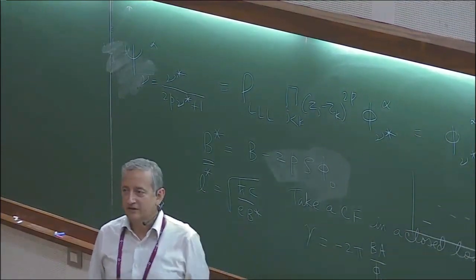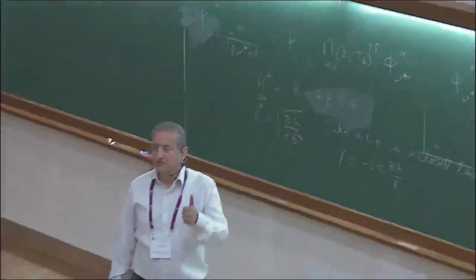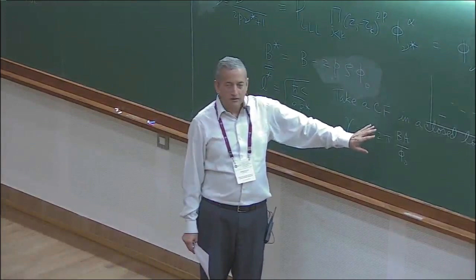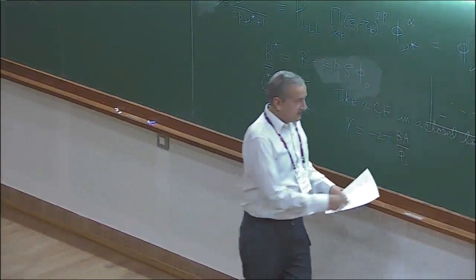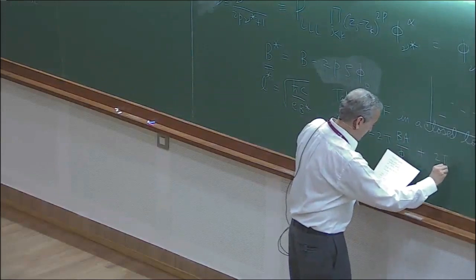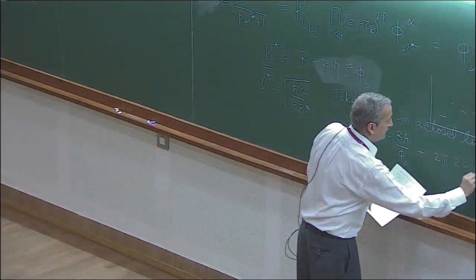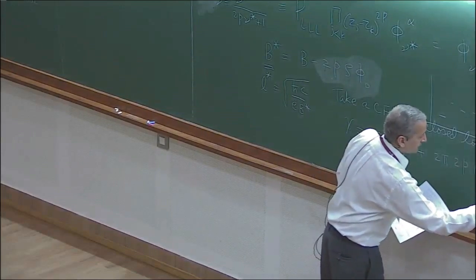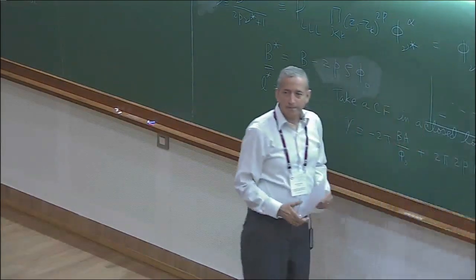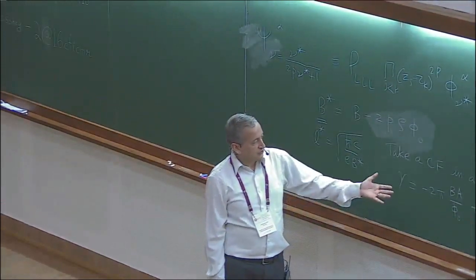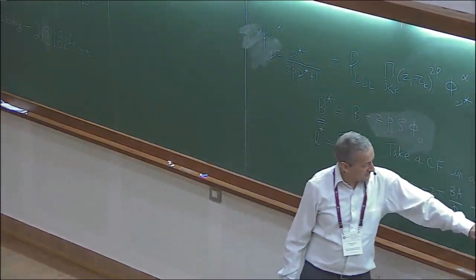Then we have 2 pi, 2p, and n enclosed. Right? So that's the answer, because each of the vortices gives me a phase of 2 pi times n enclosed. We have 2p vortices, so that's the answer.